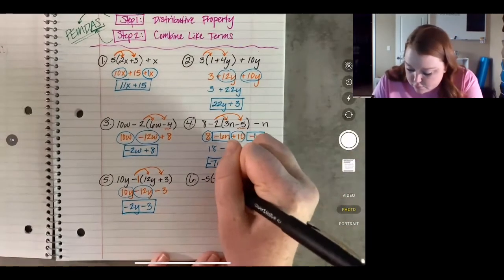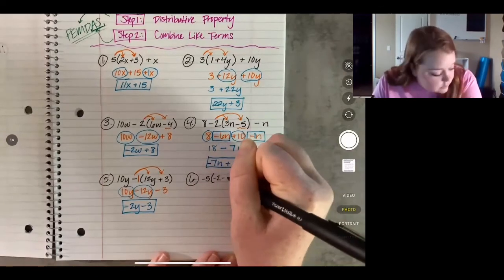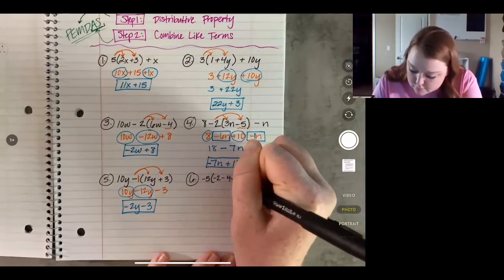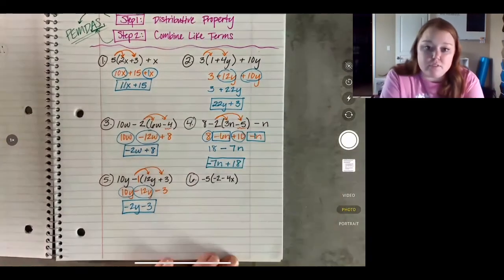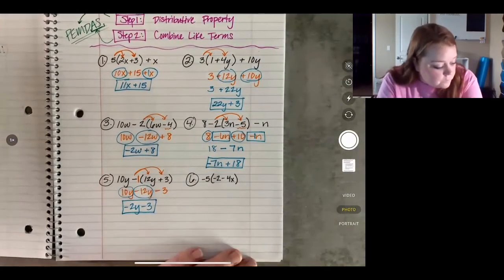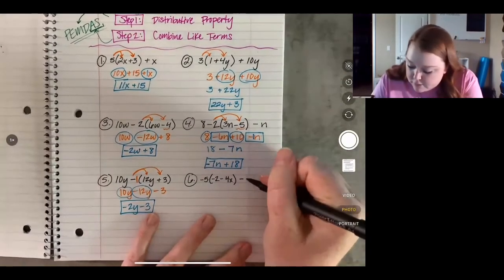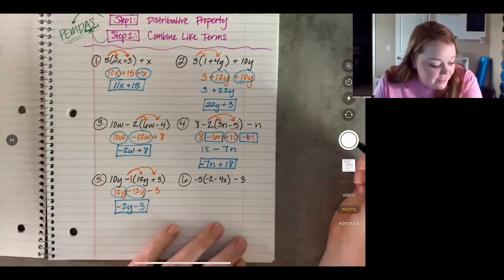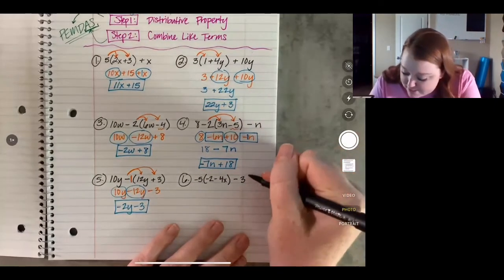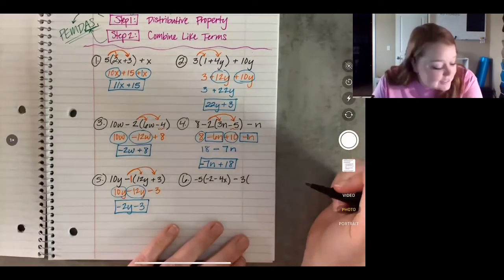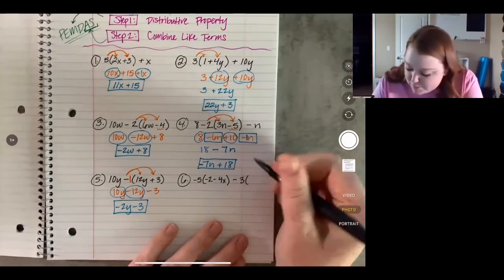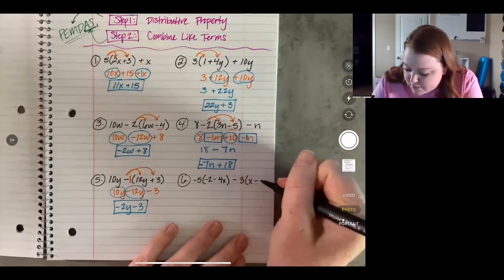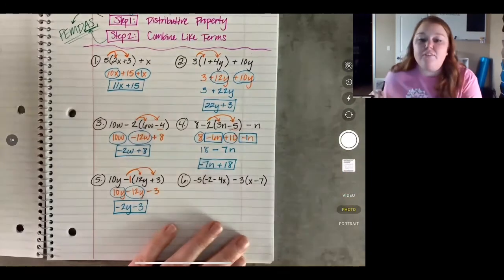You have -2 minus 4x, and then end your parentheses. Then -3 on the outside of that, but that 3 is next to a set of parentheses. And inside the parentheses, you have x minus 7. And then go ahead and end those parentheses.